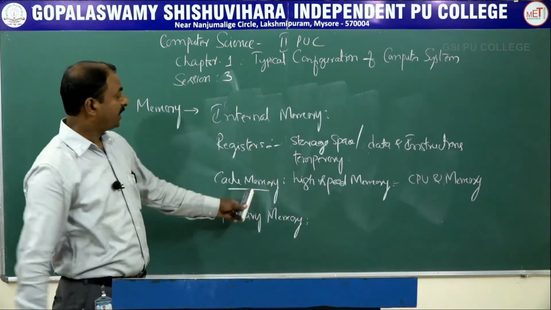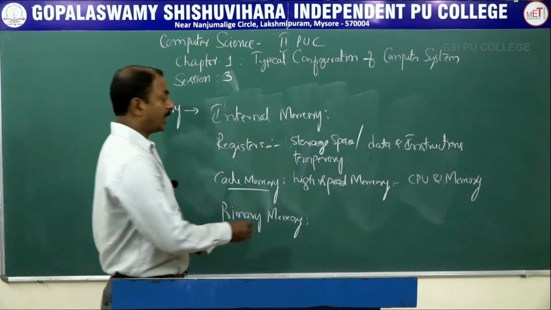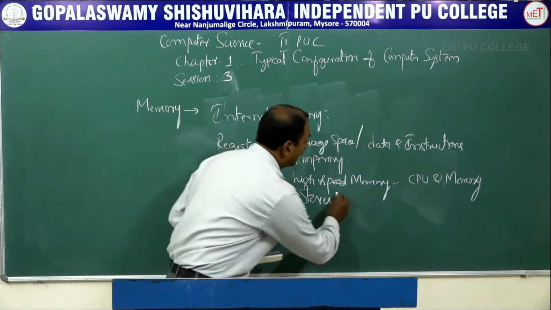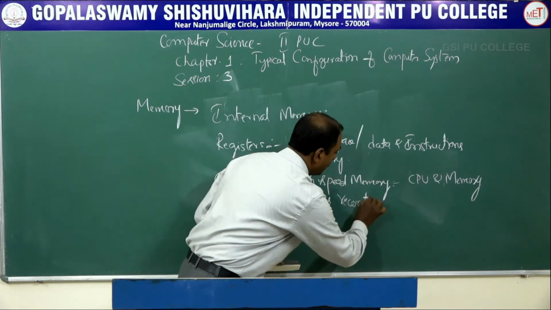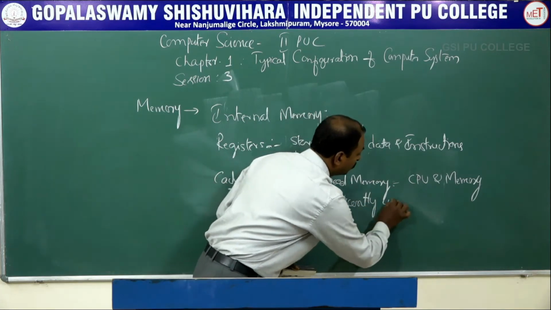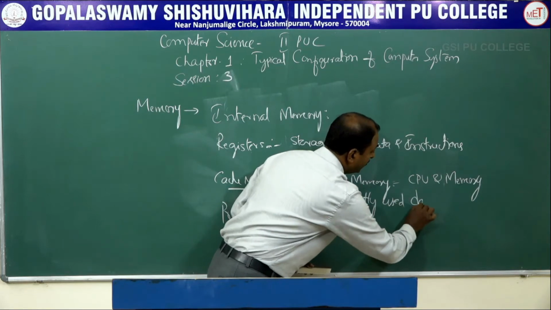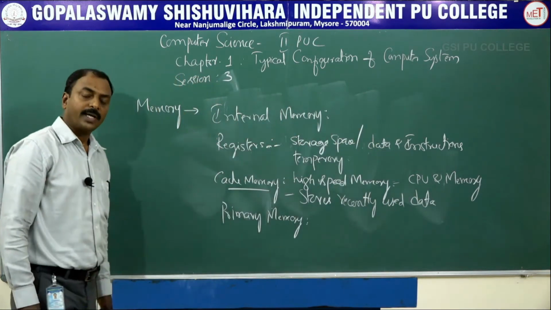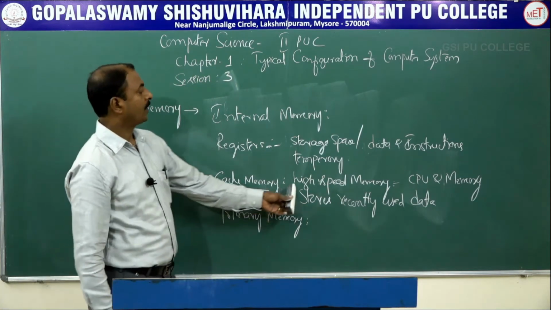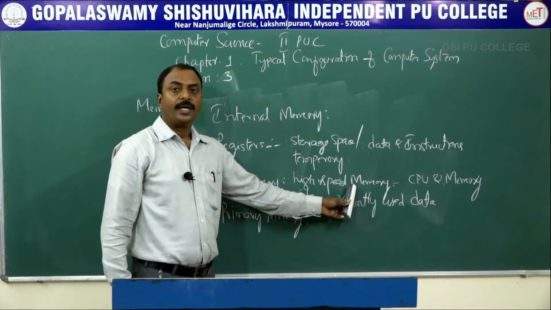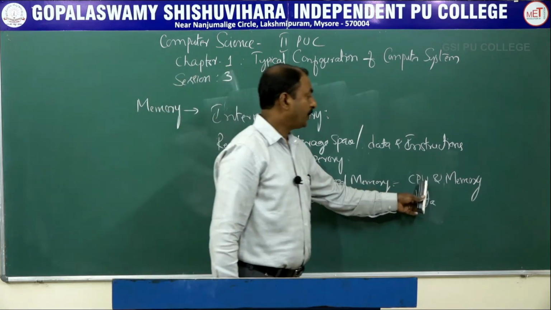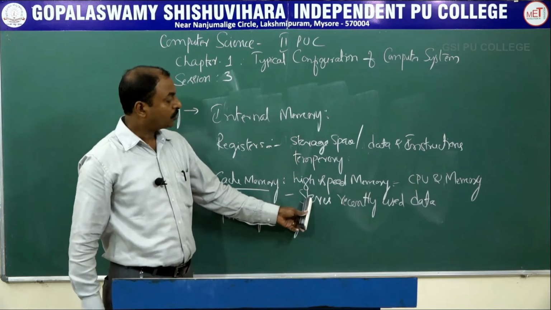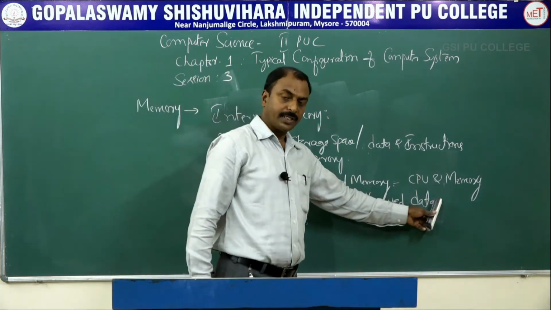Normally this cache memory stores the recently used data and instructions. So cache memory is a high speed memory, placed between CPU and the memory system on the motherboard, and it is used to store recently used data.